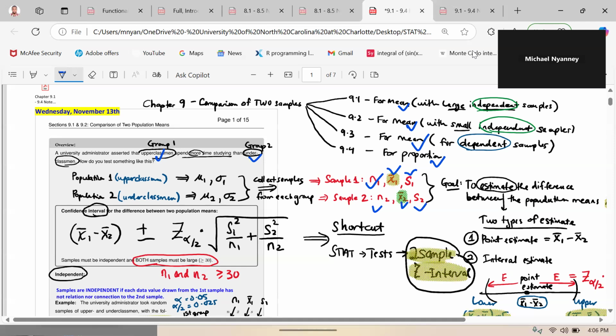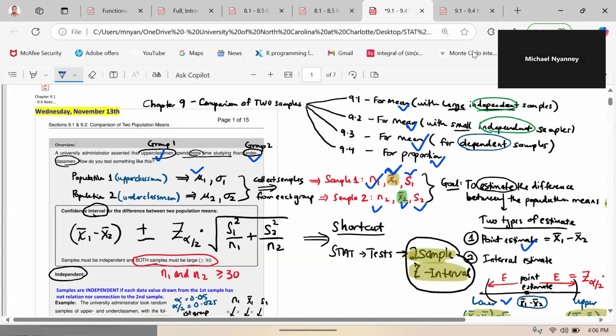What is our goal? Our goal is to estimate the difference between the population means. How do we estimate the difference between the population means? We have the point estimate and the interval estimate. I believe that we all know that if mu1 is the population parameter for population 1, then the point estimate will be x bar 1, as we see here.